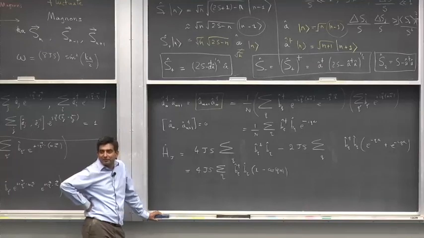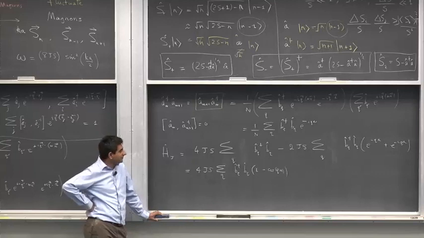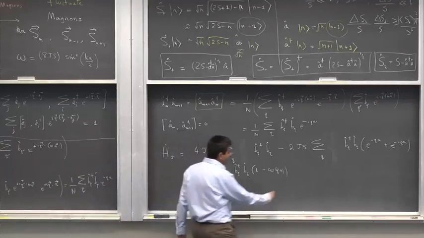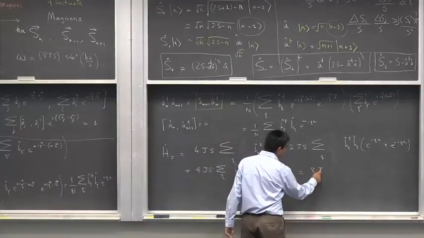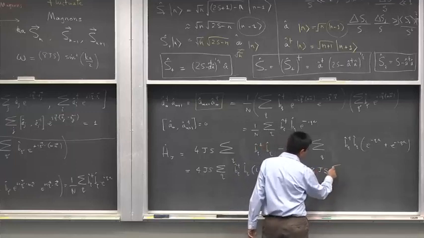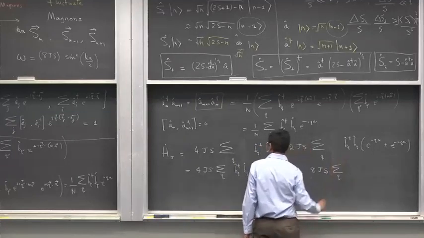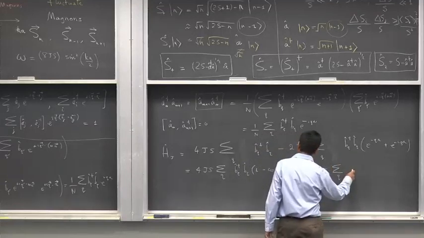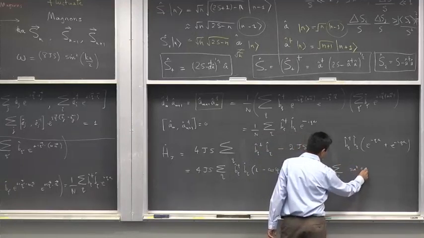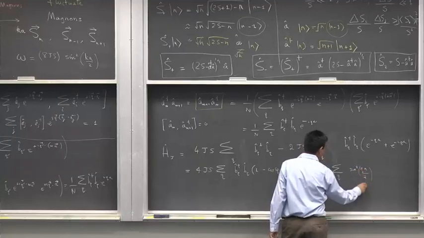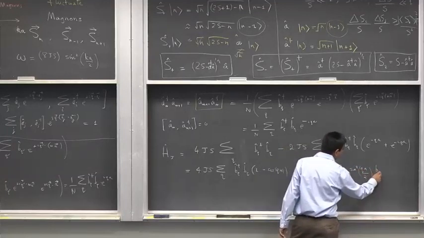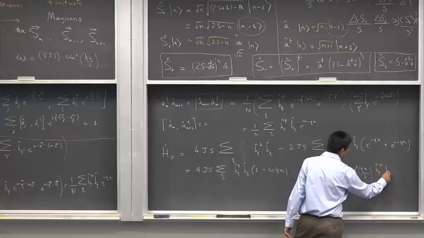Extremely nice. This is 8JS sum over q, sine squared of qa over 2, bq dagger bq.